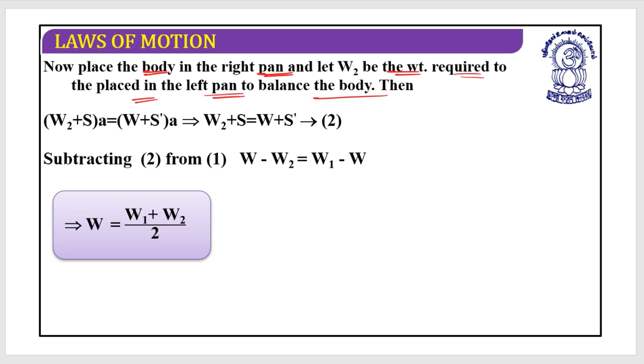Now I have changed the places of the object and the weights. Now W2 plus S into A should be equal to W plus S dash into A. This A has gone, and W2 plus S would be equal to W plus S dash. Replacing the value from relation number 1, and solving this, W is equal to (W1 plus W2) by 2.